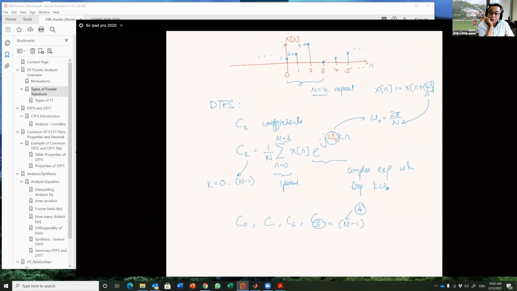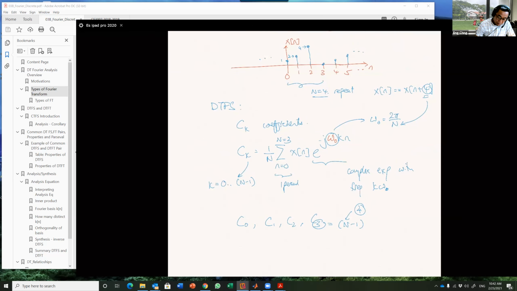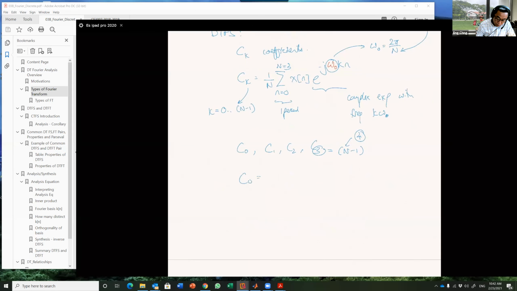So you must get all these numbers by heart, and now we can deal with c0, which is equal to 1 over N, which is 4, and then we do a bracket, and now I'm going to expand x0 e to the minus j omega naught, and remember this is k equals 0, so this is k, and here is little n equals 0, so this is times n equals 0, plus x of 1, so this is n equals 1, e to the minus j omega naught, and k still remains 0, and n is 1 here, because this one is equal to this one.